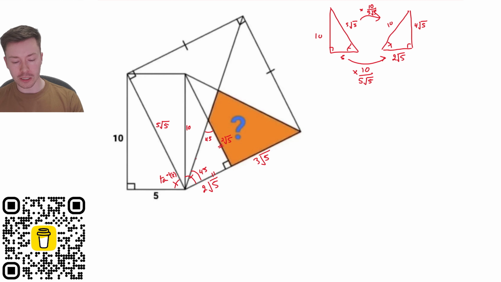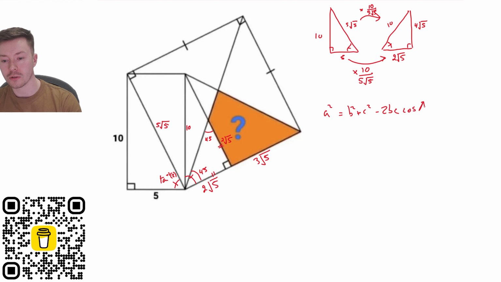Right, now the next thing that I did from here is, because I've got a side, an angle, and a side here, I used the cosine rule to work out the length of this side. And the cosine rule, if you've forgotten, a squared is b squared plus c squared minus 2bc cos a. So my a squared is this side here.